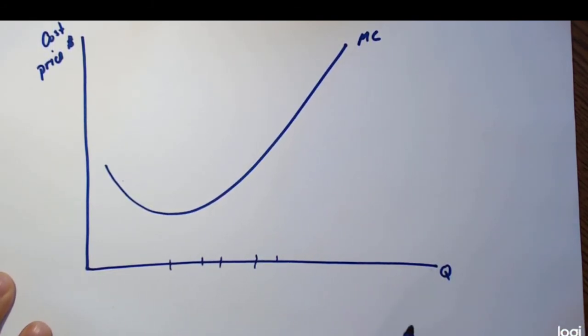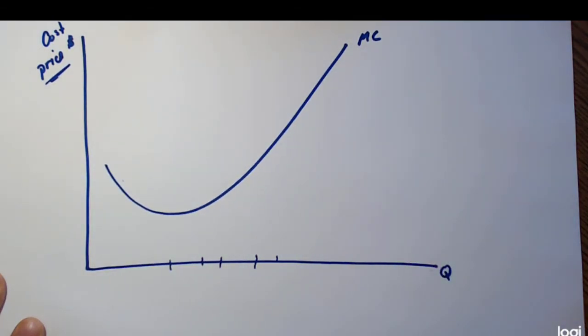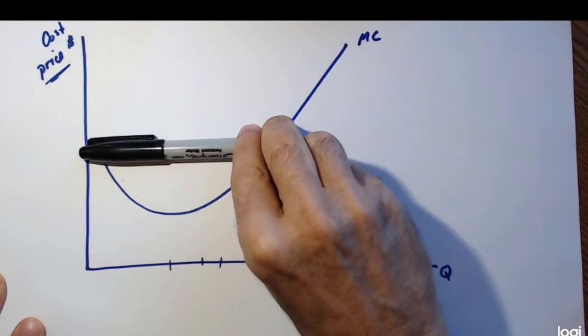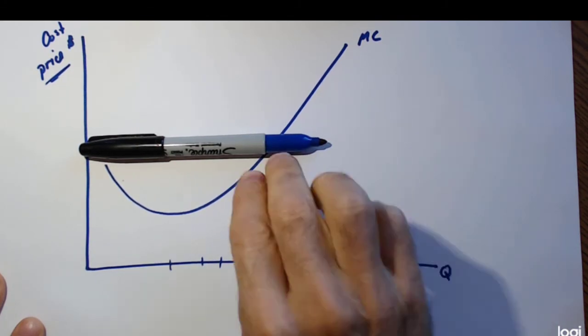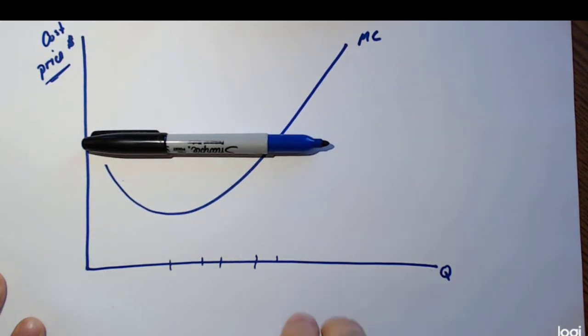So what we're about to embark on is, in the next chapters, we're going to add price to this graph, and we're going to assume perfectly competitive markets. What's interesting about that is the price is going to be fixed. We're going to assume small firms. A small firm can't control price, so they basically have a demand function that's flat like that.